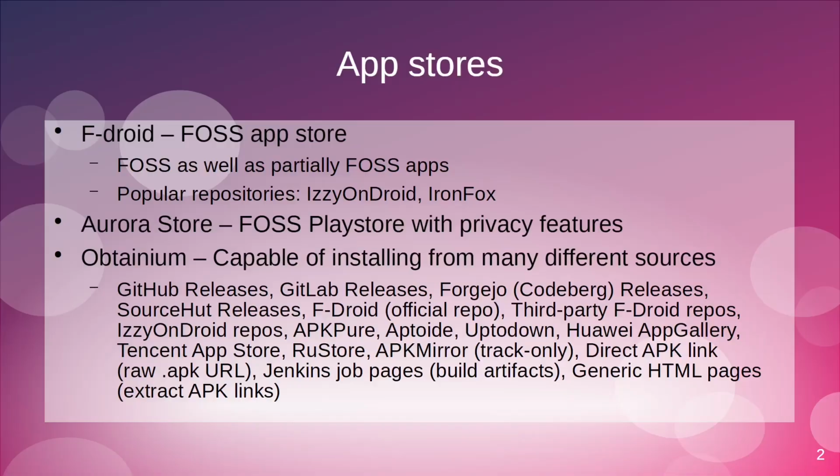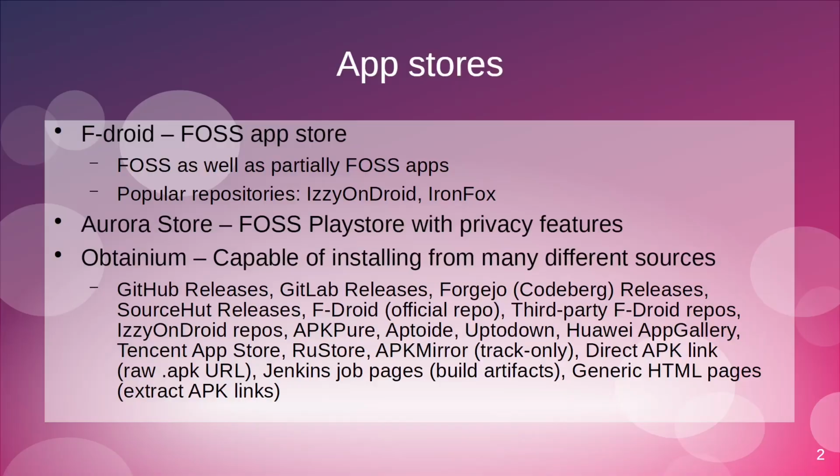F-Droid is a FOSS app store, and essentially it lets you install most FOSS apps. And you can also add repos, which allow you to add even more FOSS apps. So some popular ones I have listed are Kasane and Iron Fox.